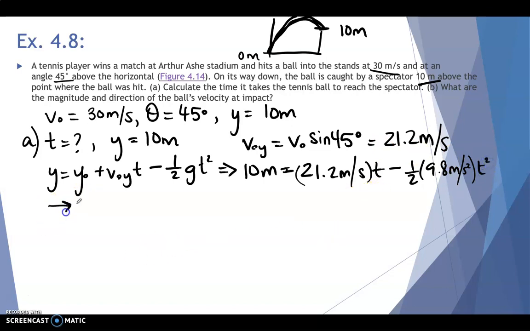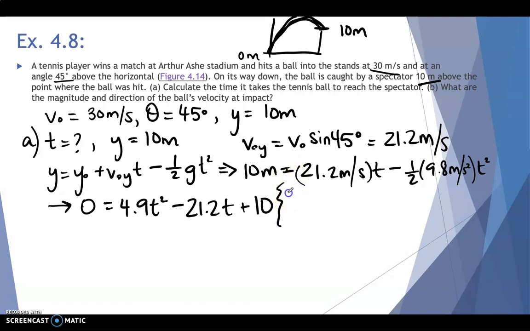Let's go ahead and rearrange this as 4.9 t squared, and I'm going to drop the units for now, minus 21.2 t plus 10. Now we can use the quadratic formula to solve this.